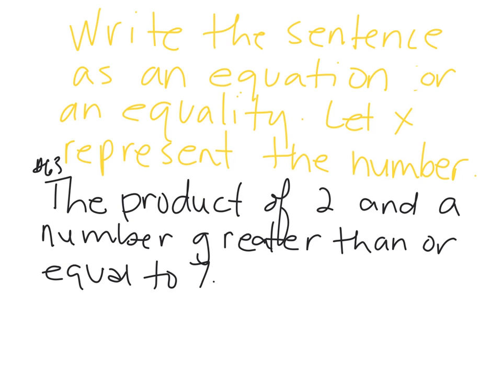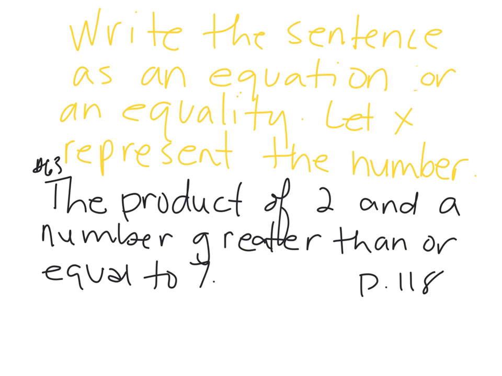So in this one we have the directions. This was from page 118, number 63. It says, write this sentence as an equation or inequality. Let x represent the number. The actual problem was the product of 2 and a number greater than or equal to 7.